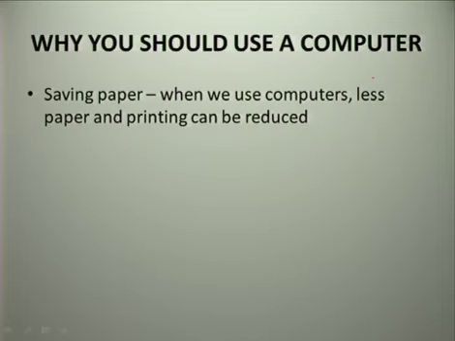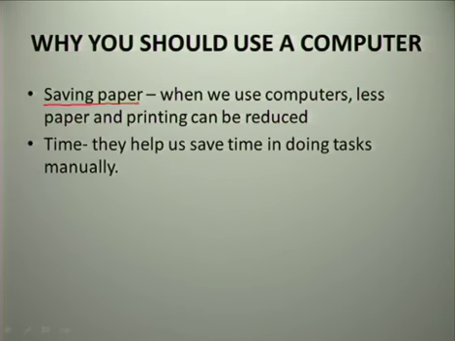Now, the first one is that computers allow us to save paper. When we use computers, paper and printing can be reduced. The second one is that we can save time. Computers can help us save time in doing tasks manually.